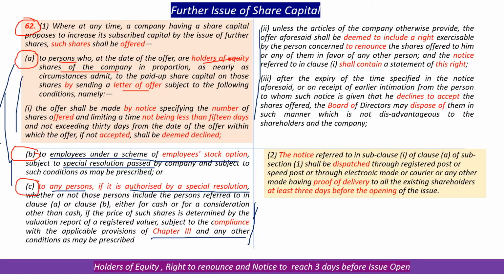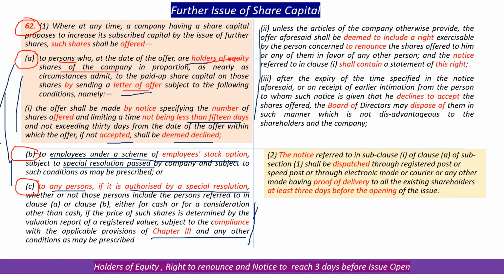It says the company should make a letter of offer, and the letter of offer should be sent to the existing shareholders, and they should be given 15 days time to either accept the offer or decline the offer.